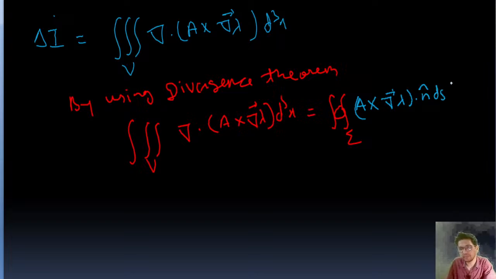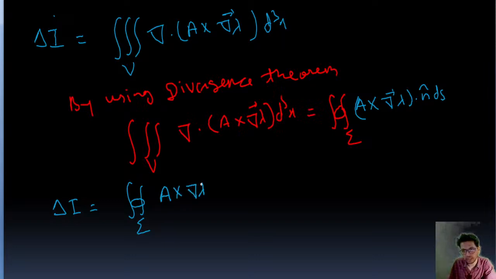Here n cap dS is the area element vector. So delta I value is surface integration sigma of A cross gradient of lambda dot n cap dS. Or we can change this position, because we need this answer.